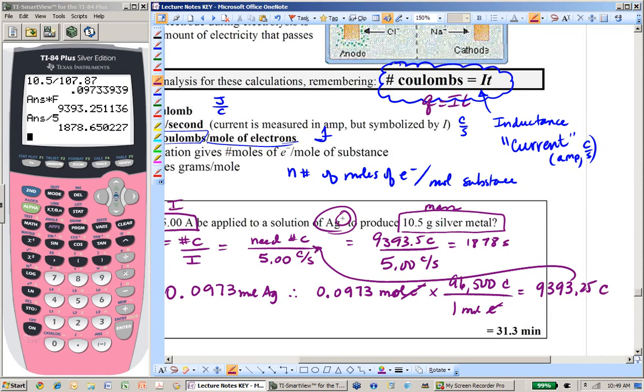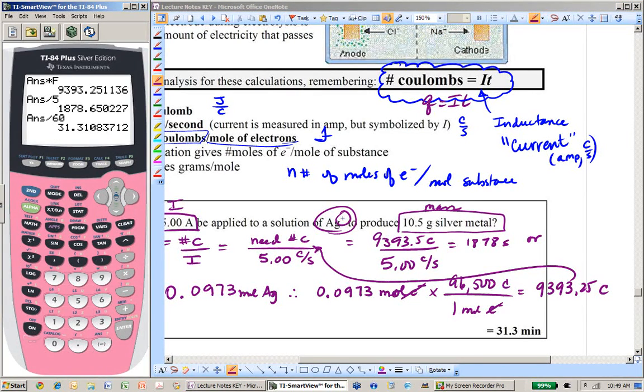And when I divide that by 60, I can report it in minutes, right? Because there's 60 seconds per minute. And I come out with 31.3 minutes.